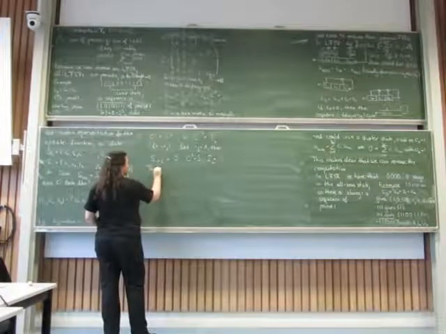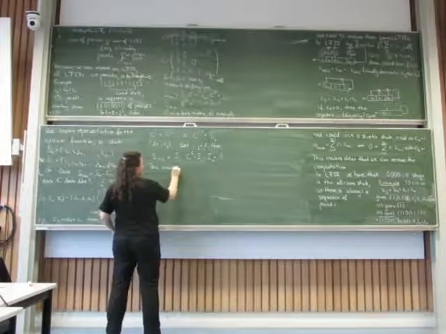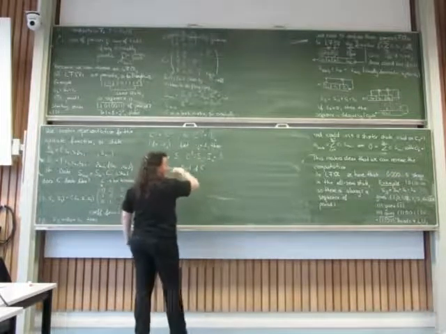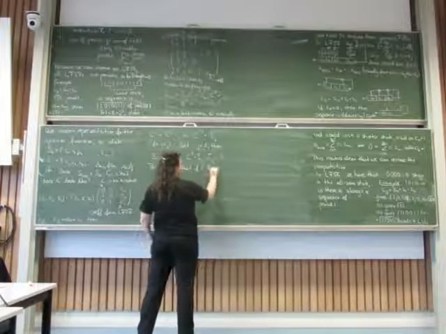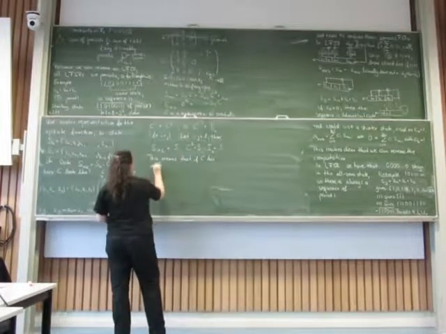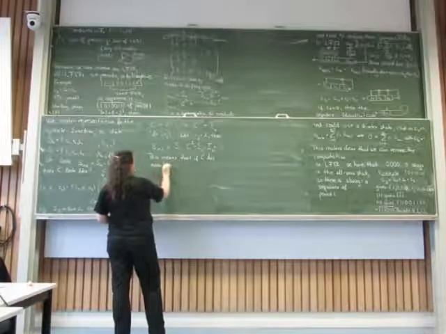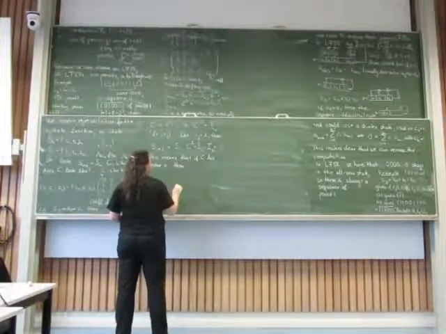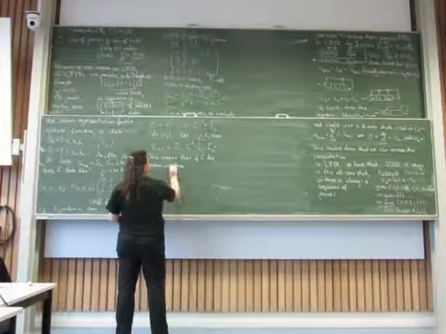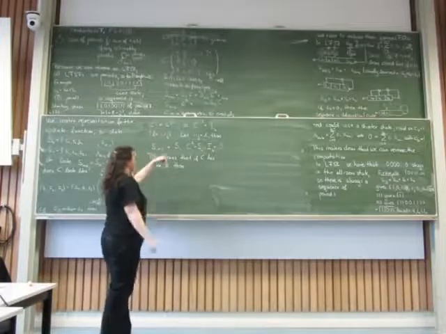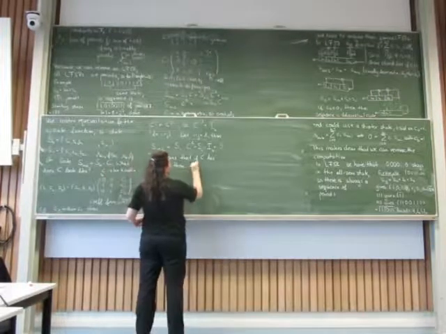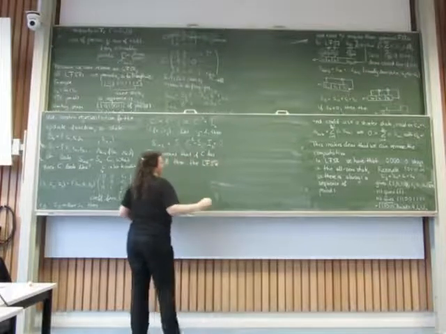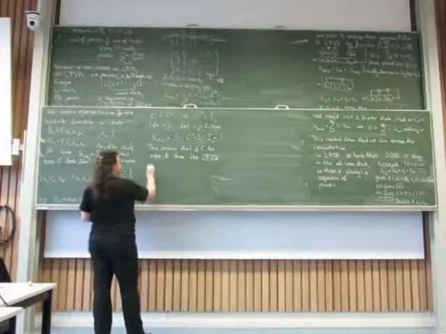This means that if the matrix C has order, let's call this order R, then, let's keep it by L, same as up there, the LFSR repeats after L steps.